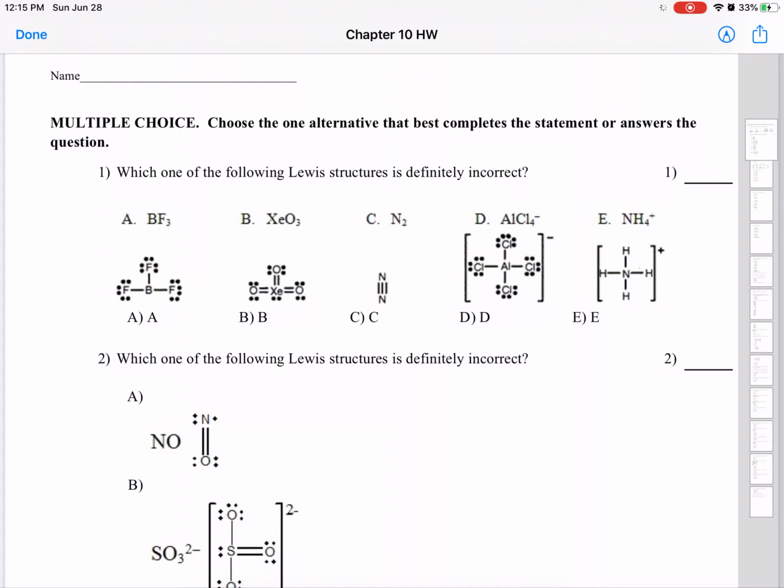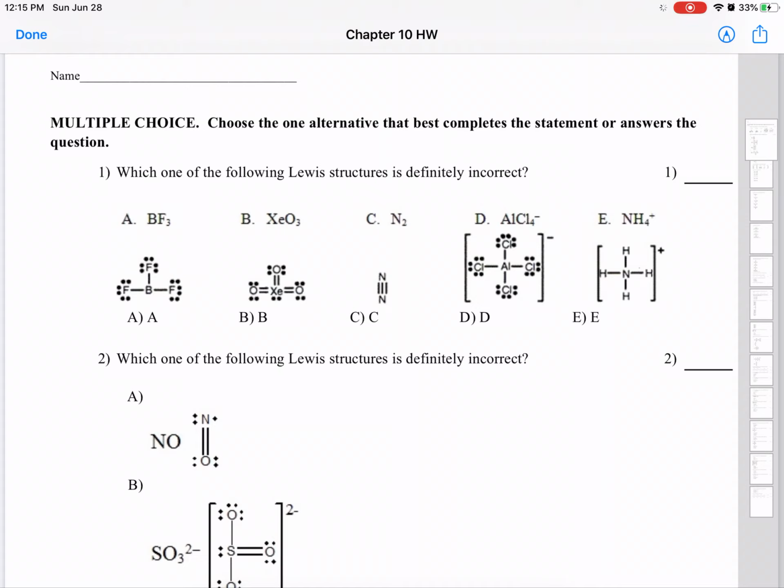Now the first one, BF3. You can see all fluorines have 8 electrons, and the boron has only 6 shared electrons. Boron and aluminum are in group 3, and it's perfectly fine for them to have 6 electrons. So that is a correct structure.